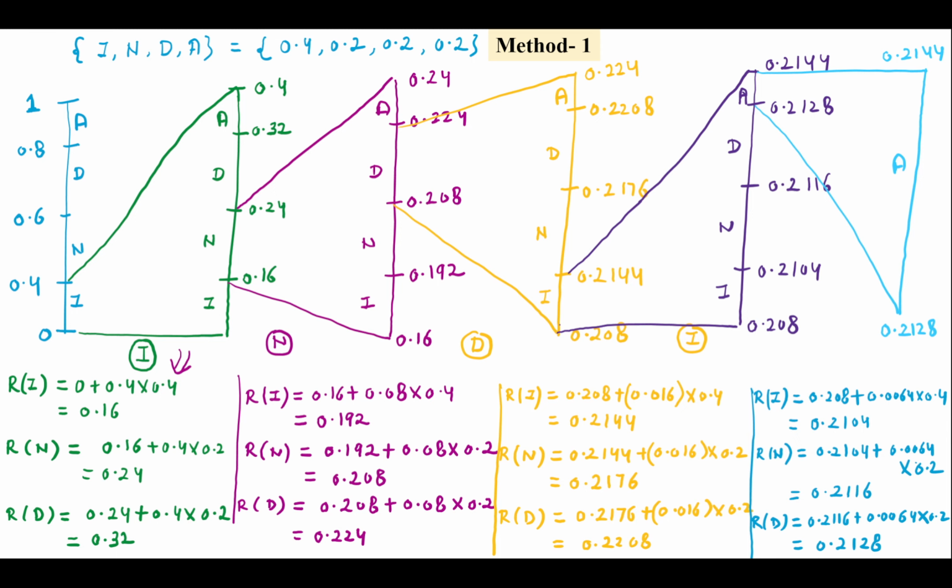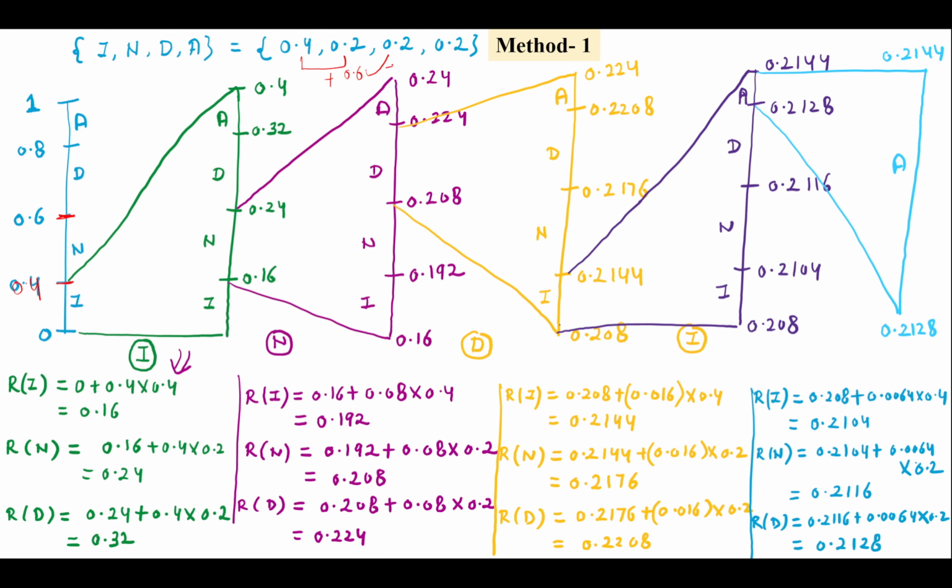The first method is that here we are assigning the probability. Suppose that for the letter I the probability is 0.4. For the next letter we take the summation, so 0.4 plus 0.2 is 0.6.